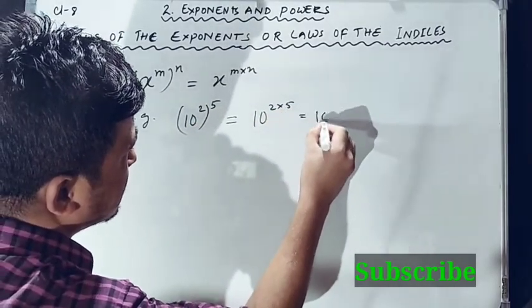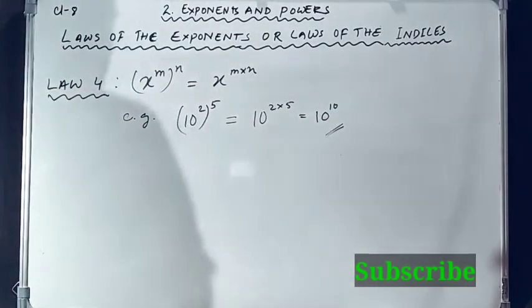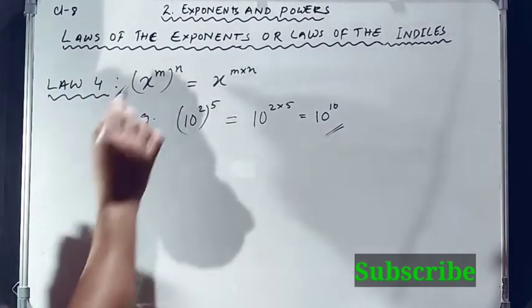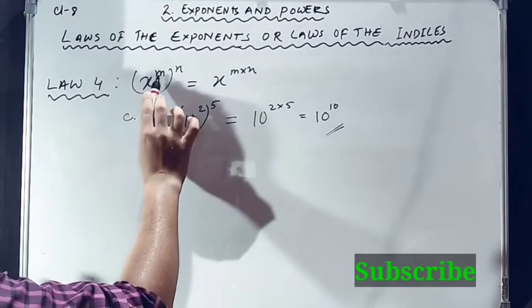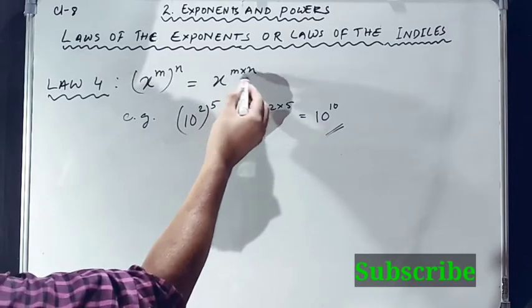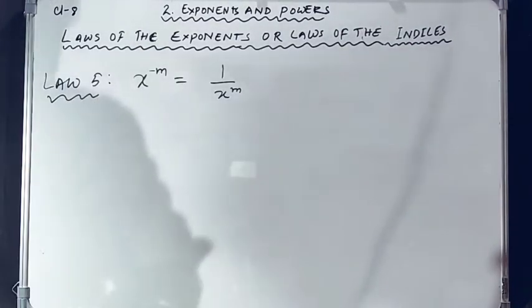Then you will get 10 raised to the power 10. Okay. So this is your answer. So when your base is only one and you have two exponents, one with that base and another as a whole, then you just multiply the exponents or degrees, right?